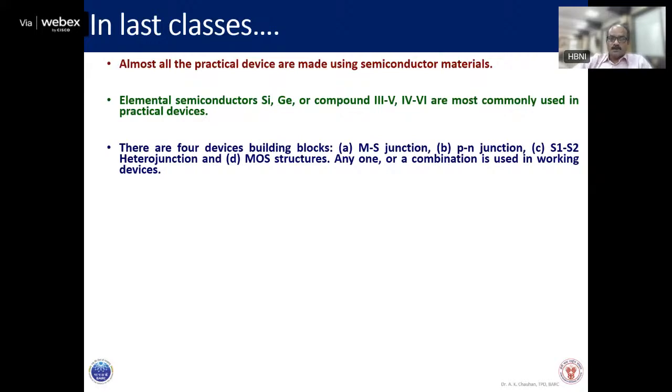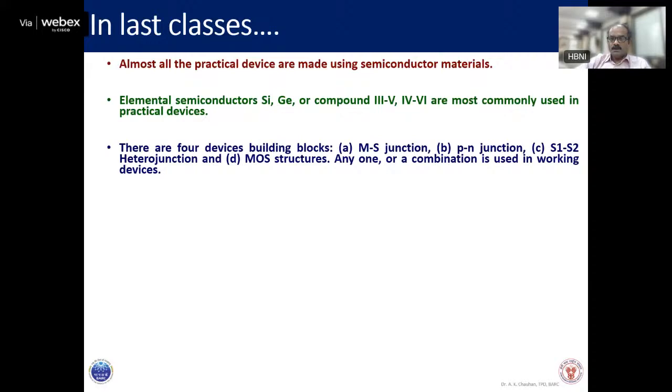Then we learned that there are four major building blocks. These are metal semiconductor junctions, PN junctions, two different semiconductor heterojunctions, and MOS structures, metal oxide semiconductor structures.